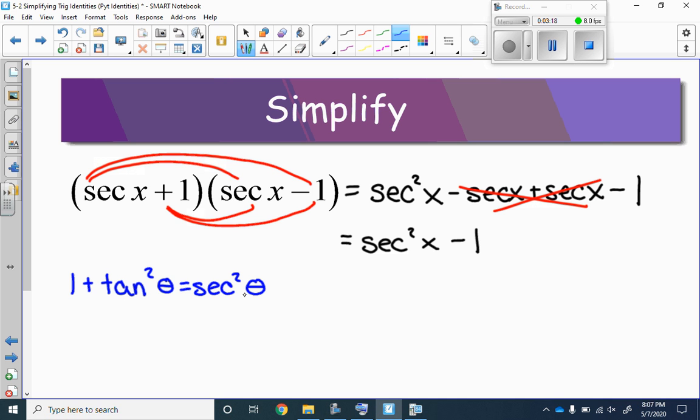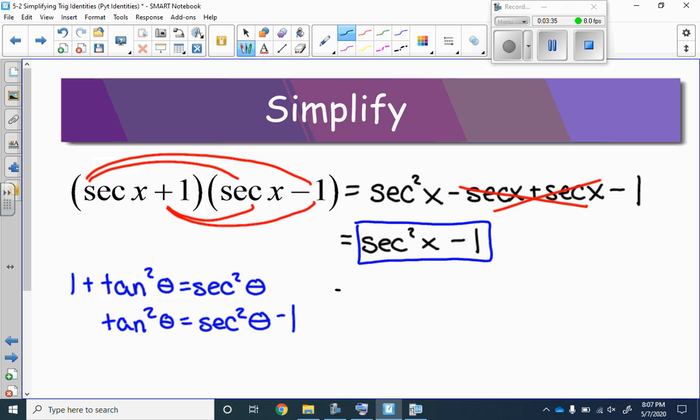Remember that you can always rewrite these. If I subtract 1 from both sides, I get tangent squared theta equals secant squared theta minus 1. So this entire expression is equivalent to tangent squared x, and we've simplified that down.